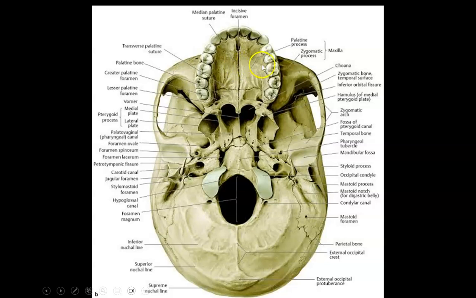Here is the palatine process, the incisive foramen. These are the upper teeth.